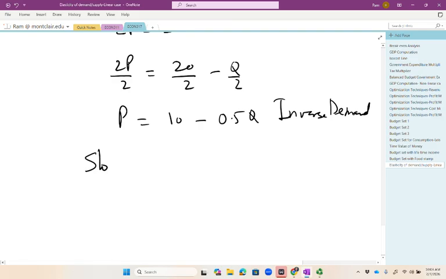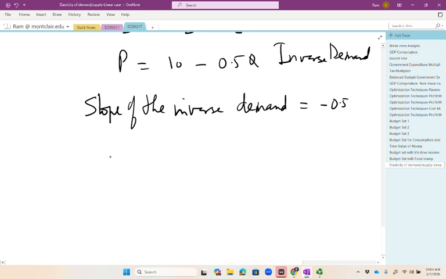The slope of the inverse demand is negative 0.5. So let me choose a price quantity combination to figure out the elasticity of demand value for the given price. So let's take P to be 3.